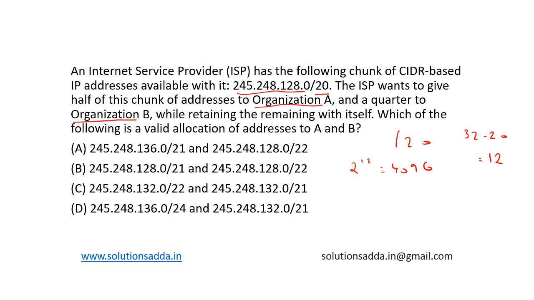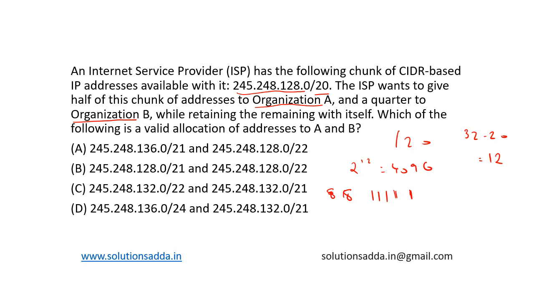Since one half of this has to be given to organization A, let's write 20 in binary. First 8 would be 8 ones, continuous ones. Next 8 would also be continuous ones. 20 means next 4 would be 1 1 1 1. So in order to assign half of 4096 to organization A, let us make the 12th bit as 1. So this means that the next bit can be assigned as 1.